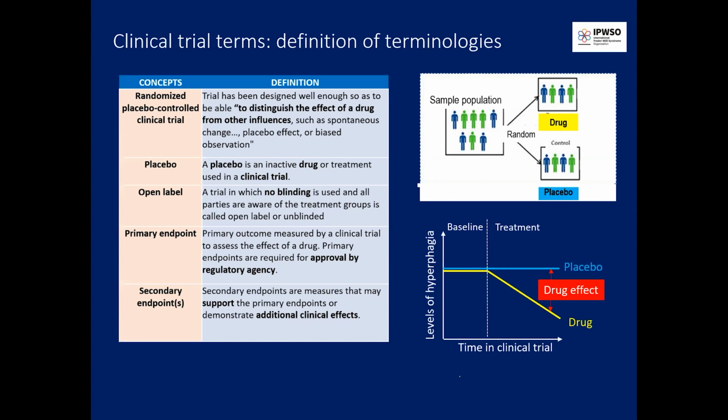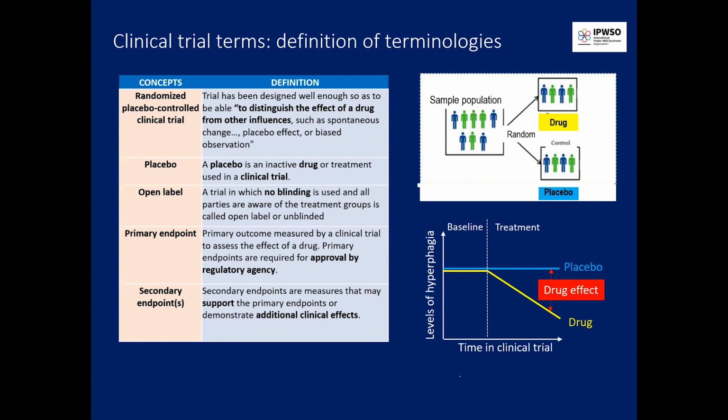And one example in Prader-Willi syndrome is the beloranib trial by Zafgen, who had a very nice effect on hyperphagia, but unfortunately led to two fatal cases due to pulmonary embolism and deep vein thrombosis. And the trial was stopped.